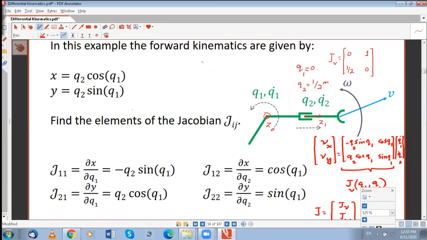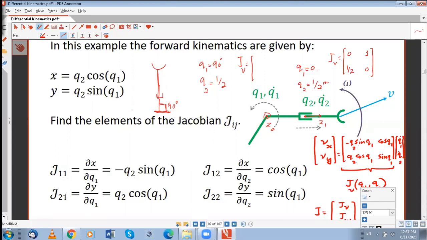And the moment you change any, let's say q1 is 90 degrees, and let's say q2 is the same. Then your arm will point upward. So now the velocity part of the Jacobian will be minus q2 sine of q1.